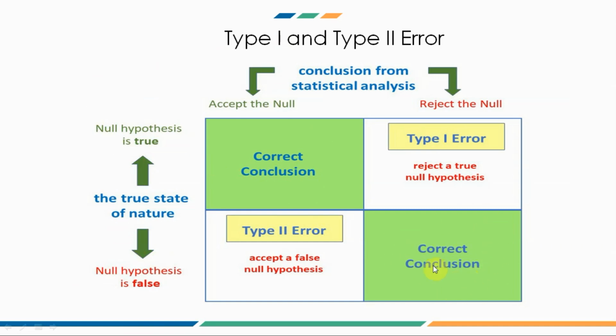But where are type 1 and type 2 errors? Here, the null hypothesis H0 is true, but we are rejecting it. That is the type 1 error. Then H0 is false, but we are accepting H0. That is type 2 error.